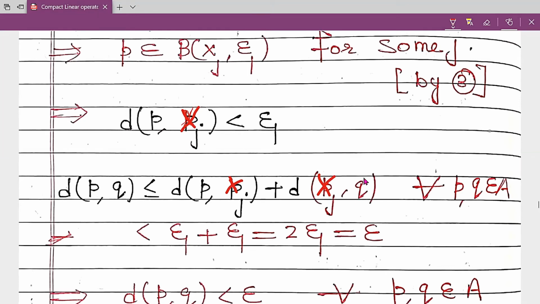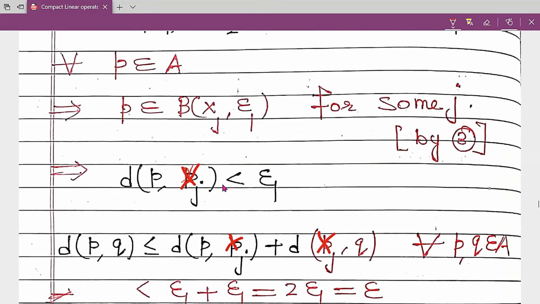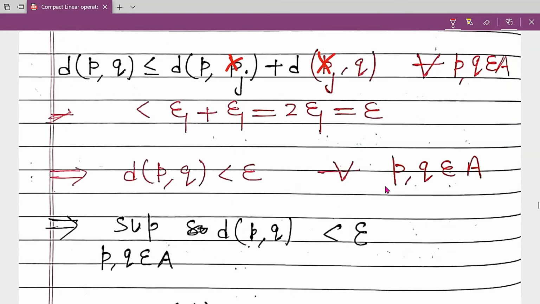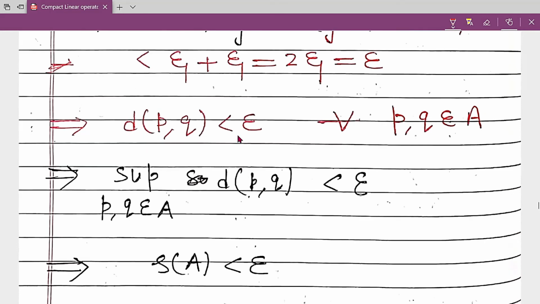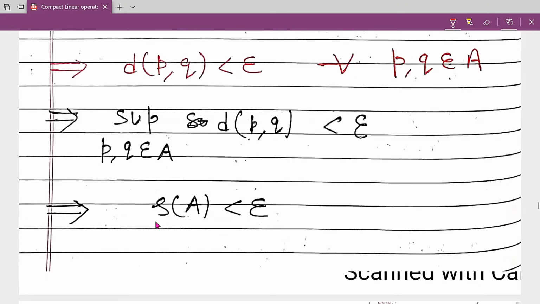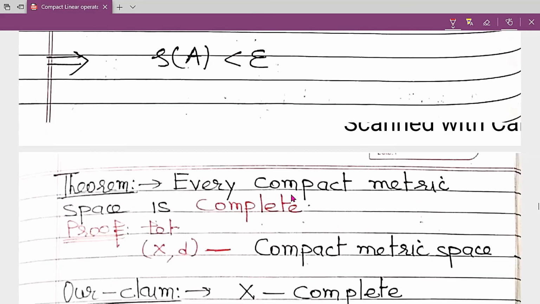Because when p belongs to A, it satisfies this condition, and when q belongs to A, it again satisfies this condition. So this is less than epsilon 1 plus epsilon 1, so 2 epsilon 1, which is equal to epsilon. So the distance between p and q is less than epsilon for every p, q belonging to A. Now taking the supremum, it implies the diameter is less than epsilon. So that is our result.